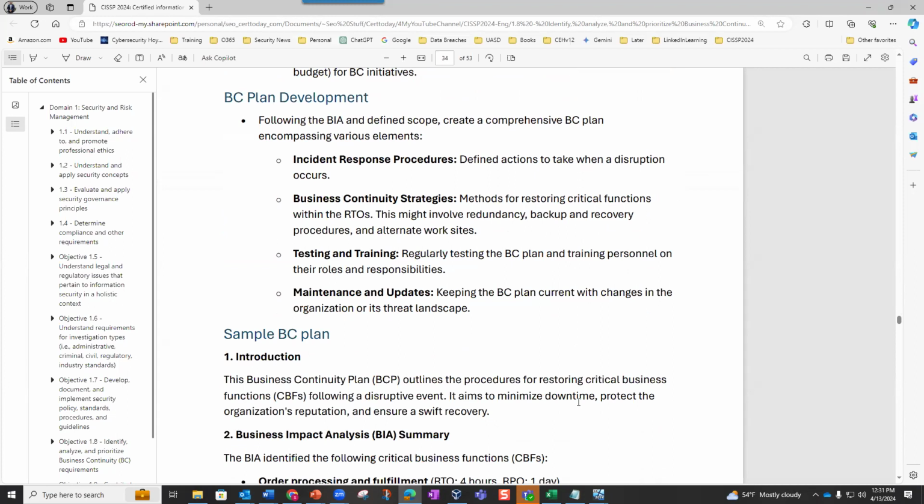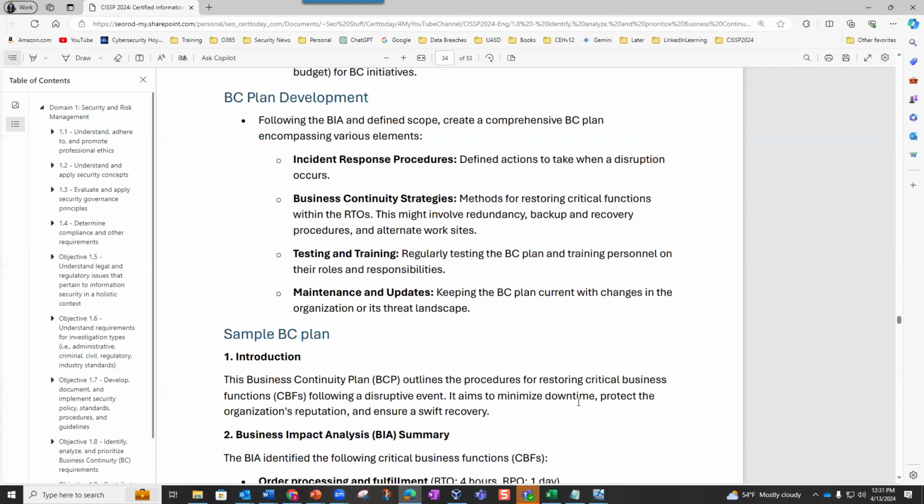BC plan development. Following the BIA and defined scope, create a comprehensive BC plan encompassing various elements, such as: 1, incident response procedures, defined actions to take when a disruption occurs. 2, business continuity strategies, that is, methods for restoring critical functions within the RTOs.